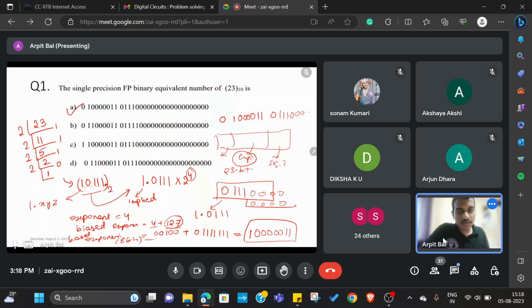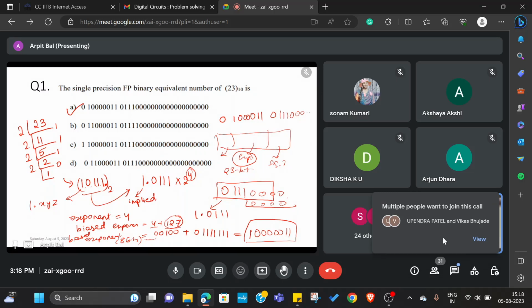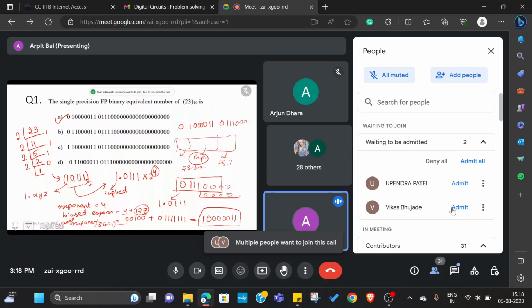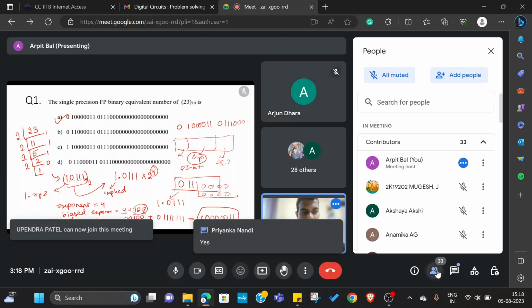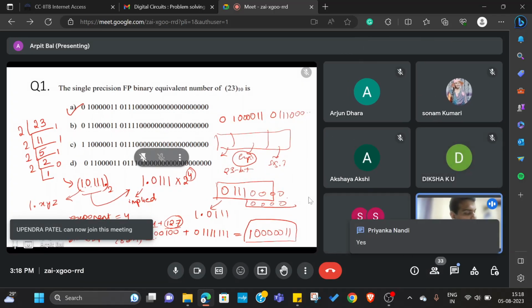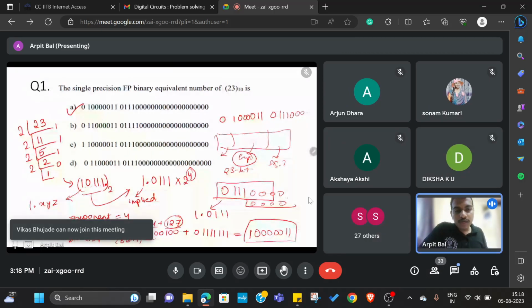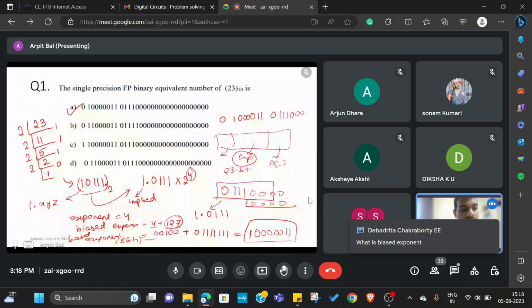Okay, so the next field that is left with us is the significand. But first, what is biased exponent? Biased exponent means that you add the bias value given by IEEE.